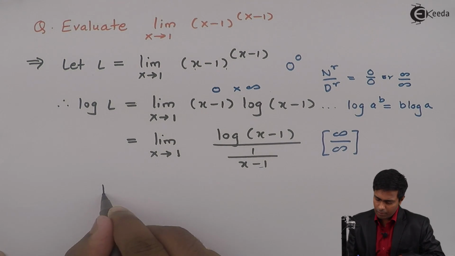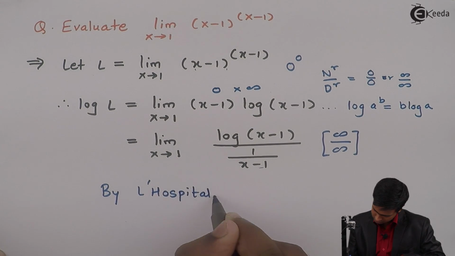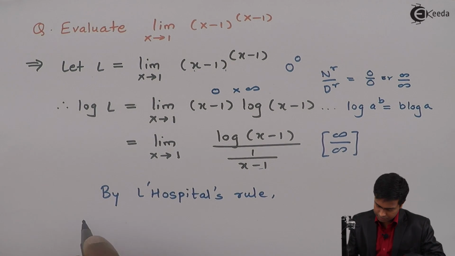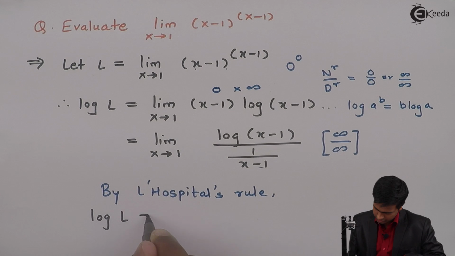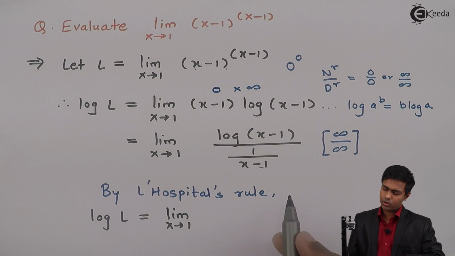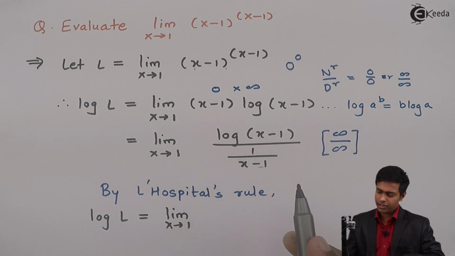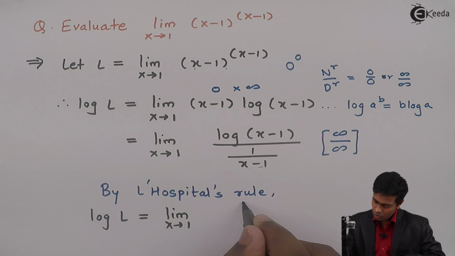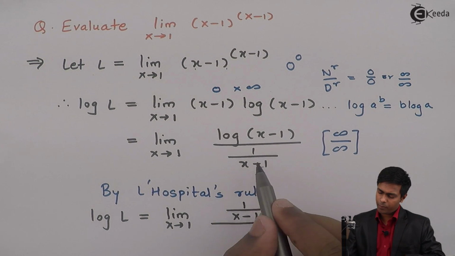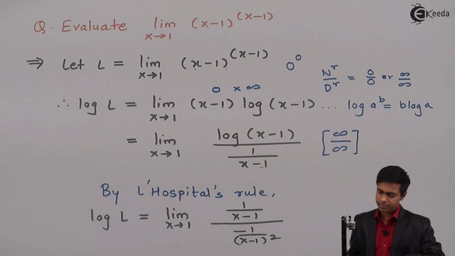So here I will say by L'Hopital's rule we will get log of L equal to limit x tends to 1. Now by L'Hopital's rule we will find derivative of numerator and then derivative of denominator. So the derivative of log of (x minus 1) is 1 upon (x minus 1), and the derivative of 1 upon (x minus 1) is minus 1 upon (x minus 1) the whole square.